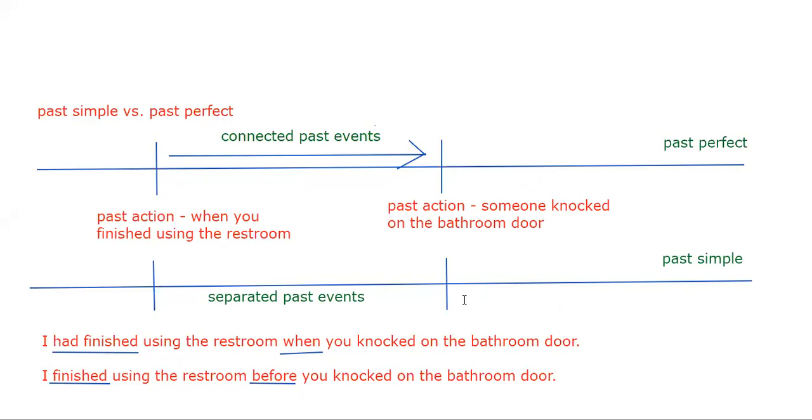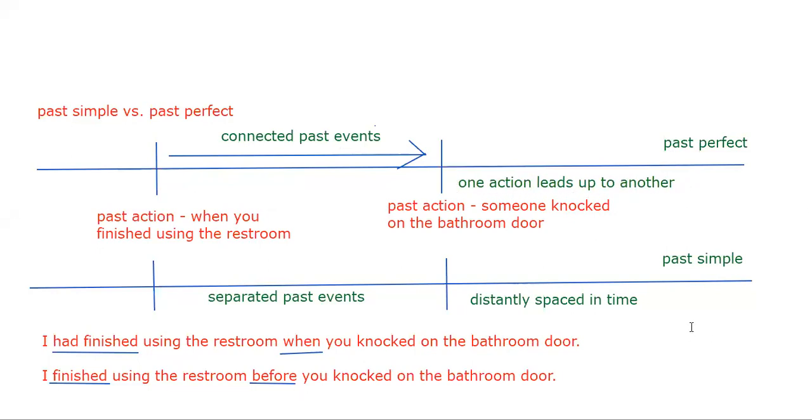When you use the past simple, like when you say I did this before I did that, you're implying that two events are distantly spaced in time. They're separated. Compared to the past perfect, where you have two past events that are connected, whereas one action leads up to another. Let me put that down here.